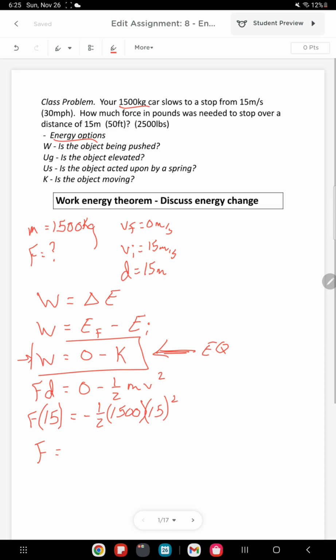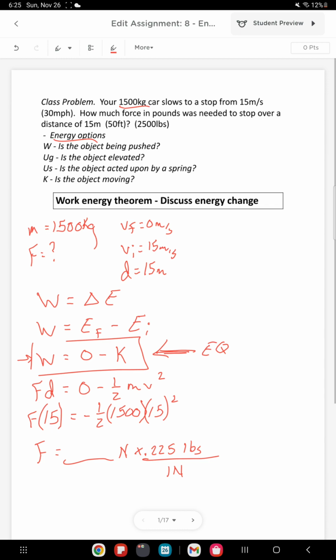We're going to get force equals whatever it is in newtons. I don't know what that is. Then you multiply by 0.225, the conversion from newtons to pounds. I should probably write this out. There's 0.225 pounds in 1 newton, which we discussed in the previous chapter, the fourth chapter.